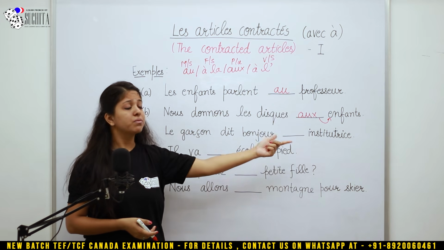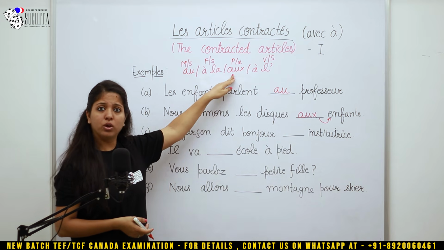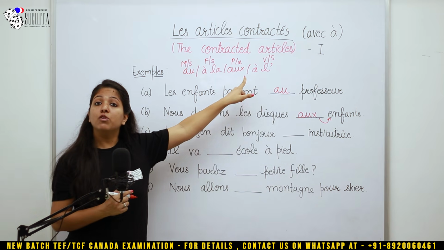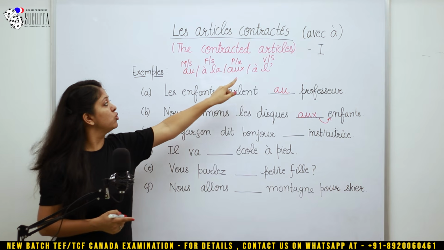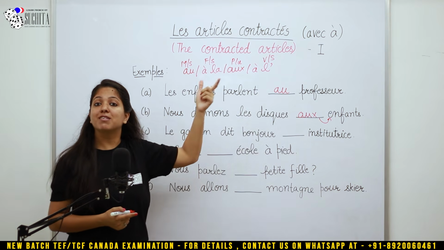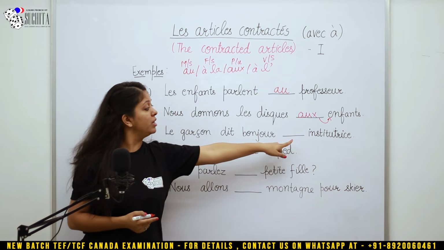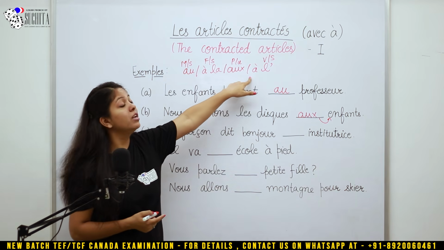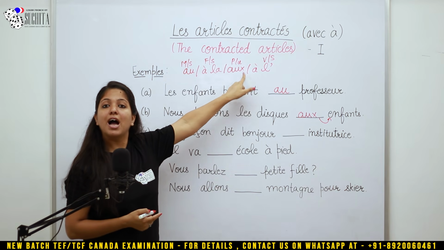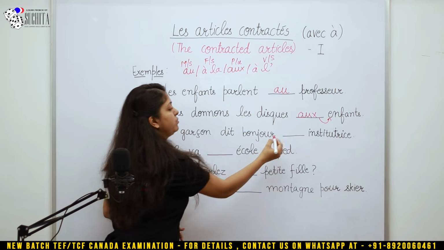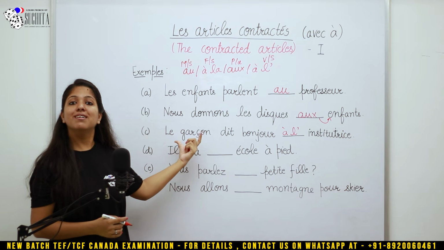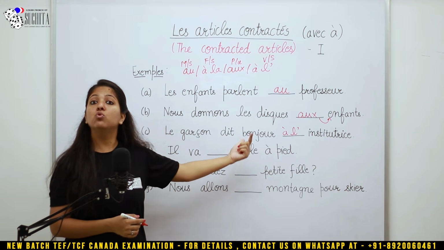Institutrice is a word which is of course not plural, but it begins with a vowel. So if it is singular and begins with a vowel, you are going to use à l'. The boy says bonjour to the teacher.